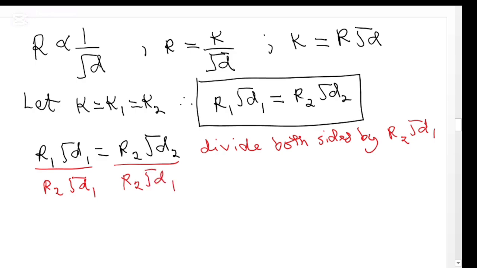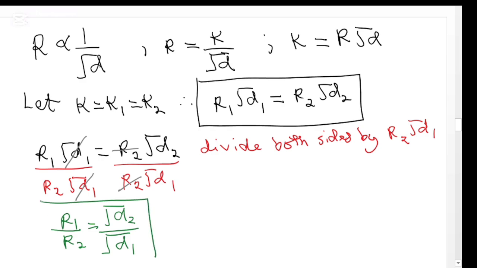Now, let's divide them. So this one and this one is gone, and this is gone. So the value of R1 over R2 is equal to square root of D2 over square root of D1.